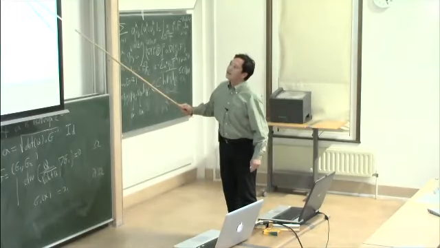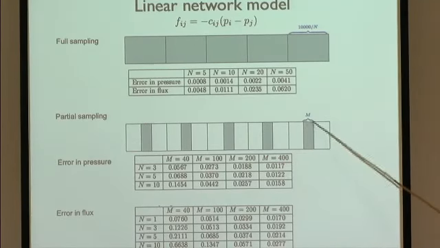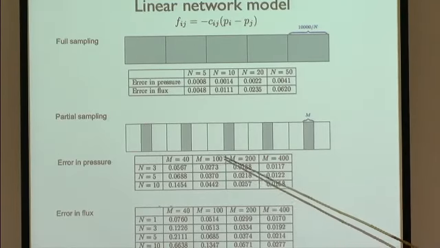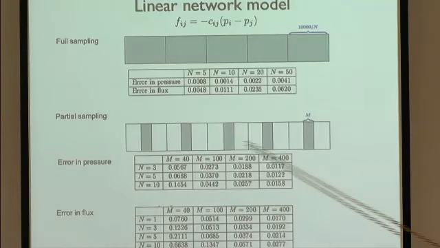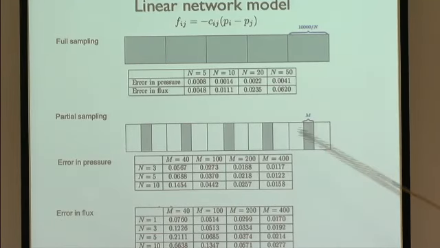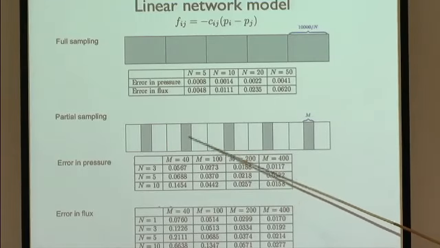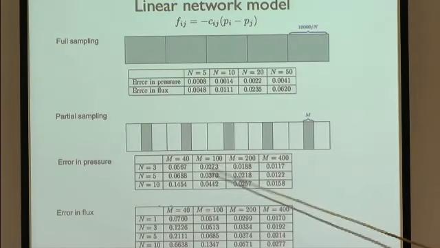And the thinner the network domain is, where m equals 40 means that there are only 40 nodes across this distance over here, the thinner the network domain that you use to find your flux, the larger the error is.